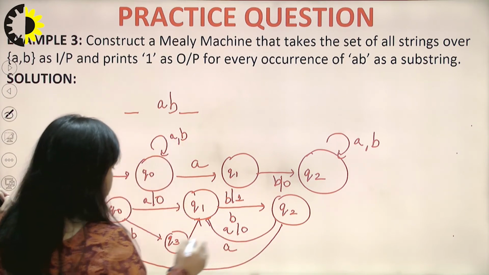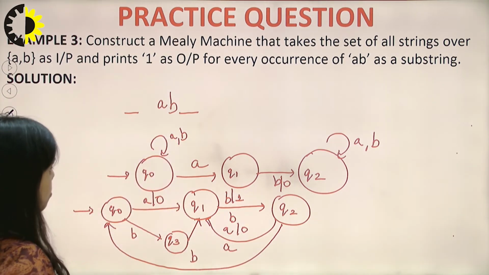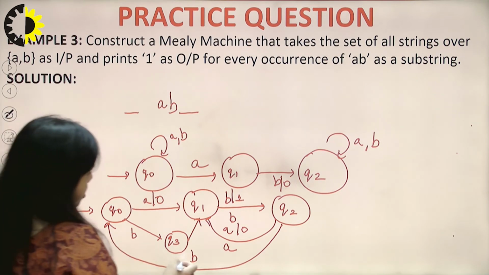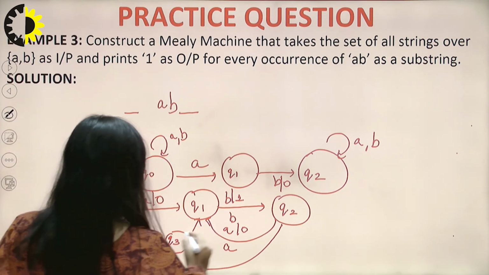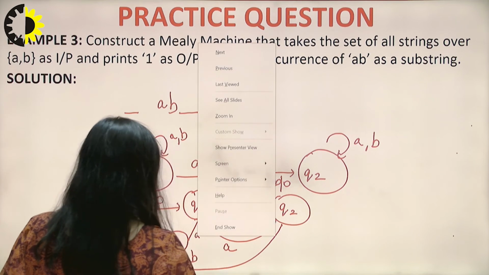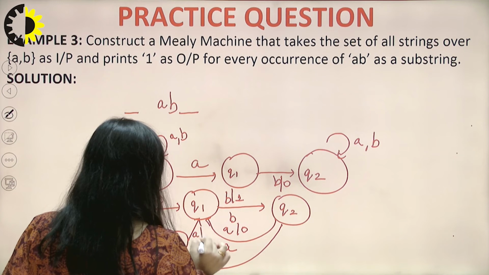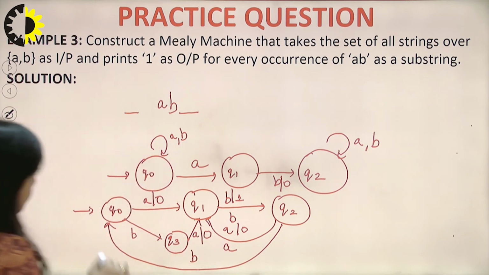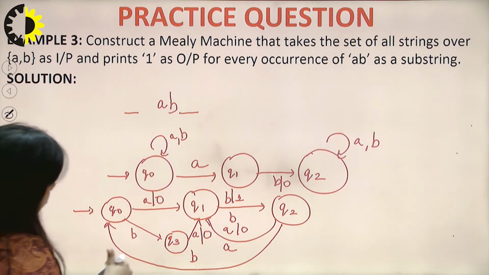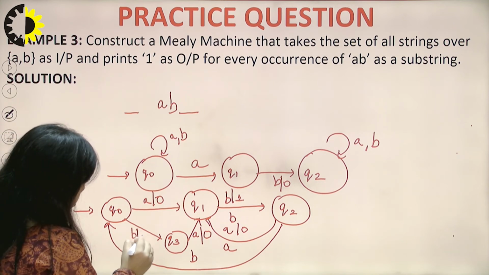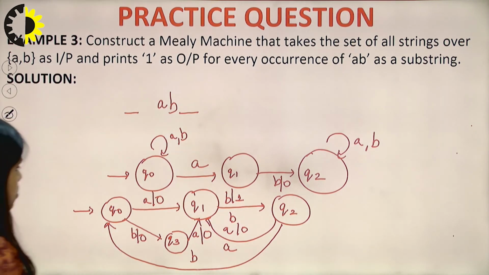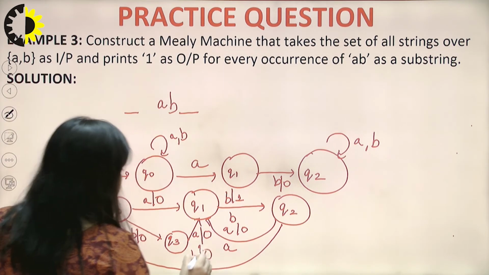Now B, AB, and this will be A. It will again return 0, and then this will also return 0. This B will return 0, this will also return 0.